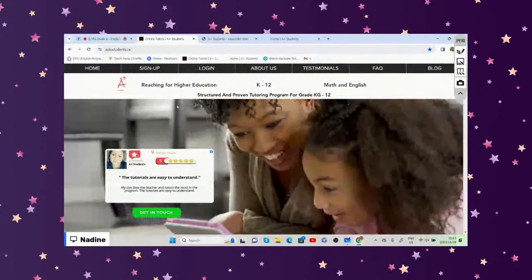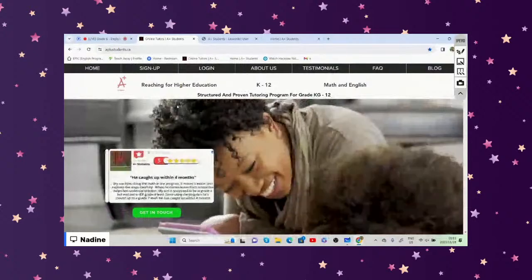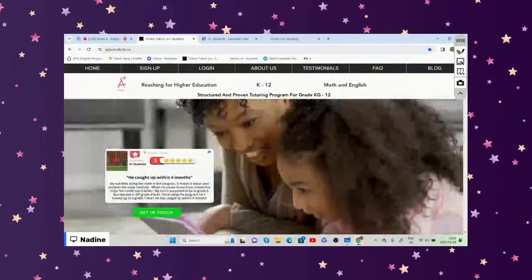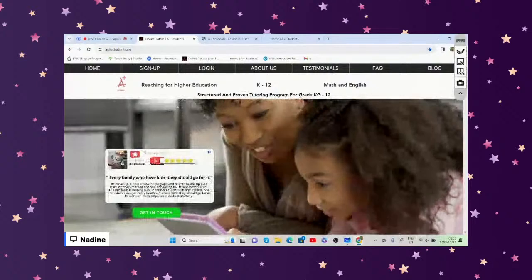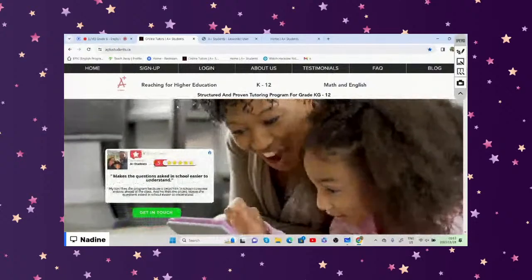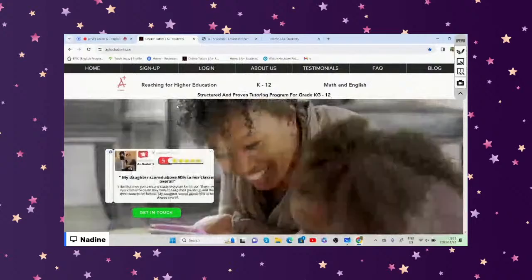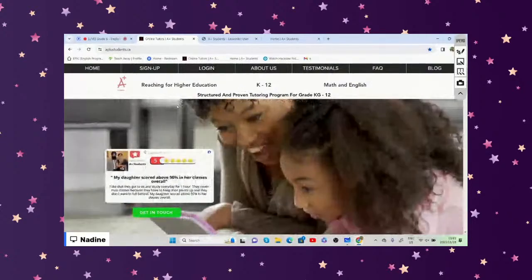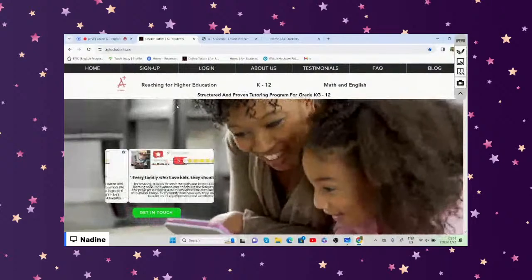Once we've logged on to aplusstudents.ca with our username as well as our password, we're going to select the subject of language arts, and then grade 6.